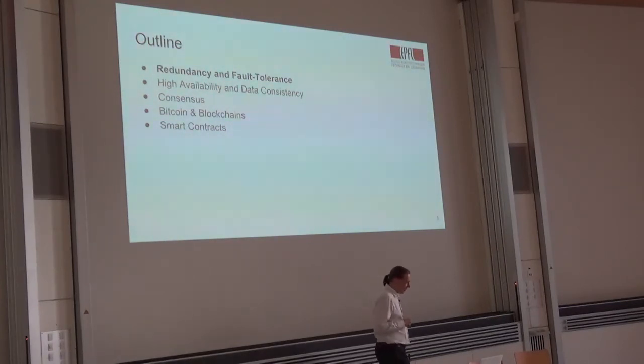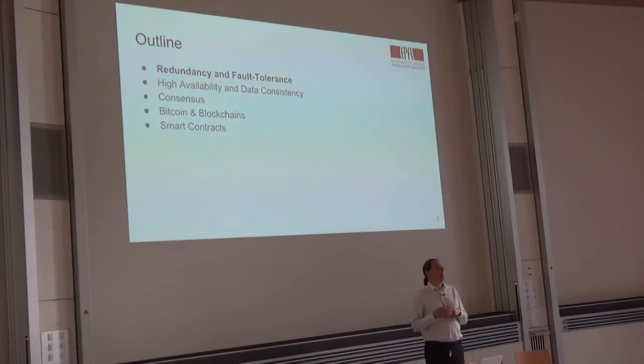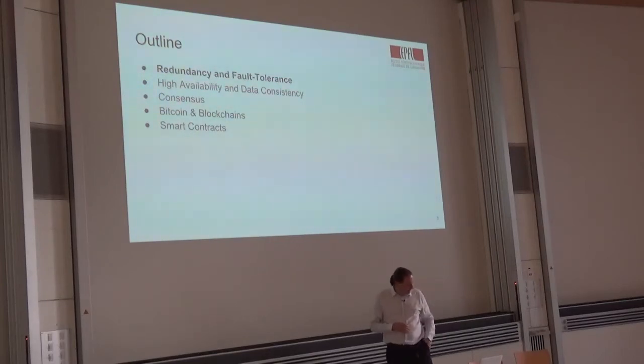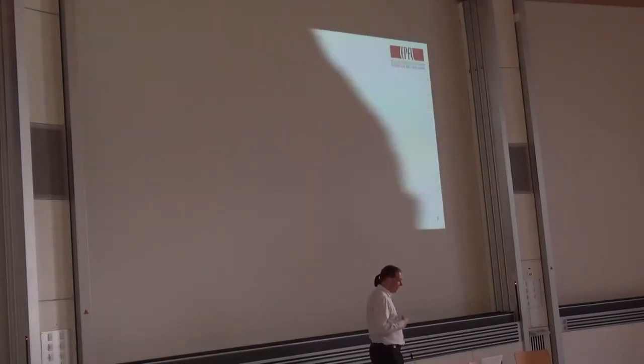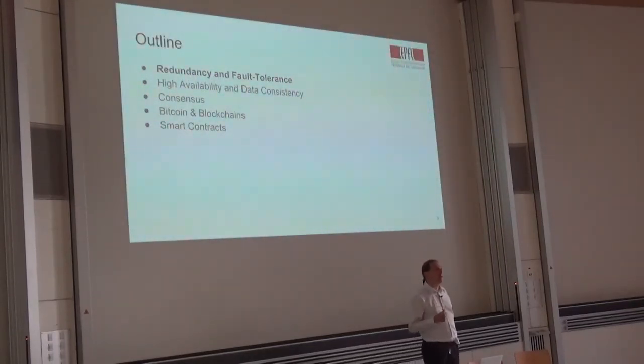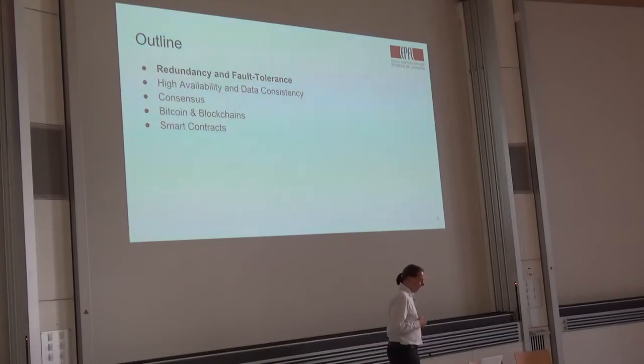So first I'm going to provide a brief overview of some of the basic concepts of fault tolerance and redundancy, how to keep data consistent and available despite failures, and then despite even malicious failures.